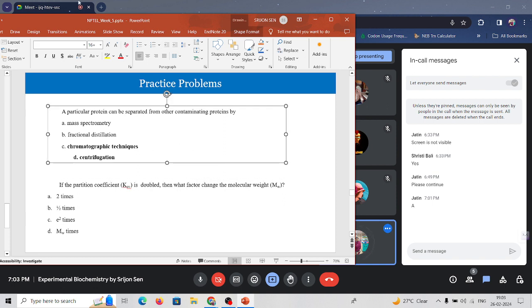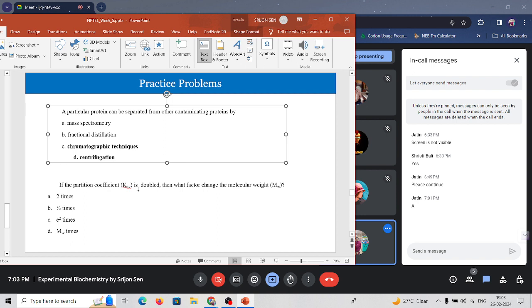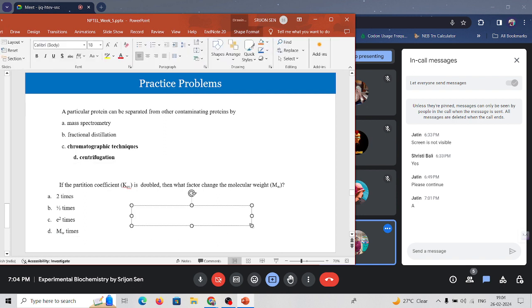Okay, so let us see how to answer this. K average is doubled, that is equal to 2 K dash, let's keep it average. So what do we know? K average is equal to ln of molecular weight. Now what happens when it is doubled?